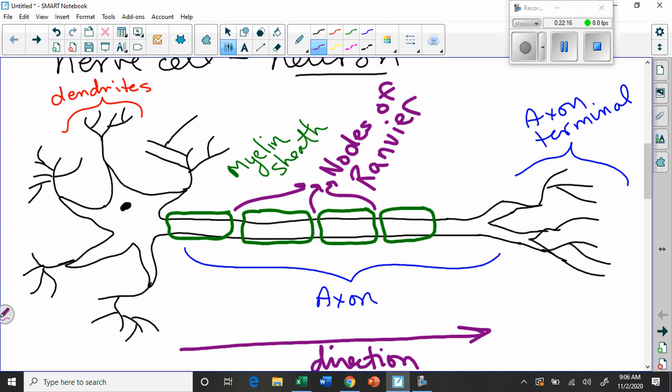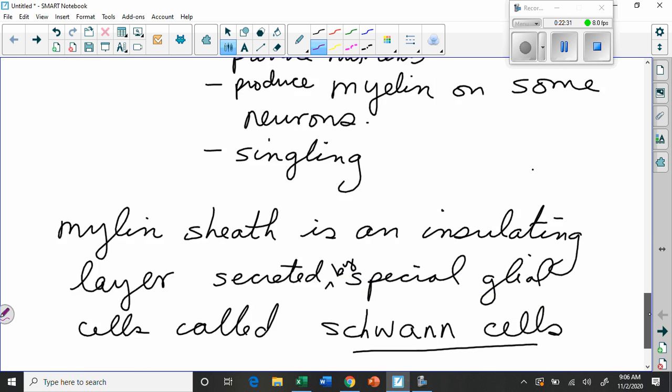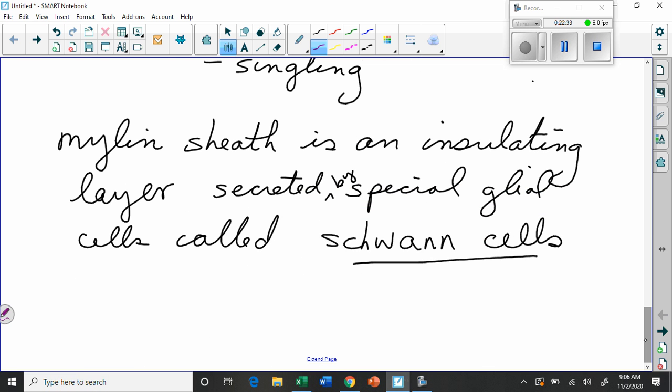Here, a node is referring to these spaces between the myelin sheaths. So what effectively happens is these insulators allow the signal, instead of traveling all the way down the nerve cell, to hop from one node to the other. So I'm going to write something down here to that effect. Schwann cells, okay?